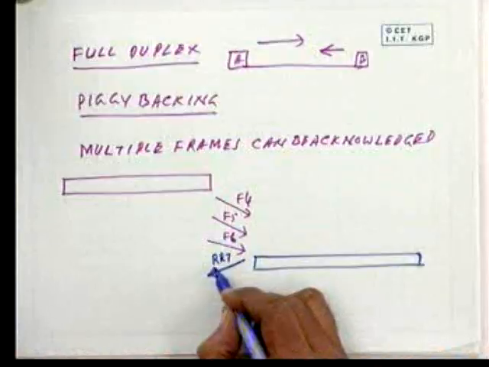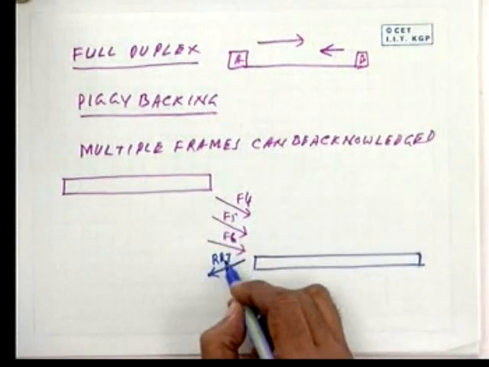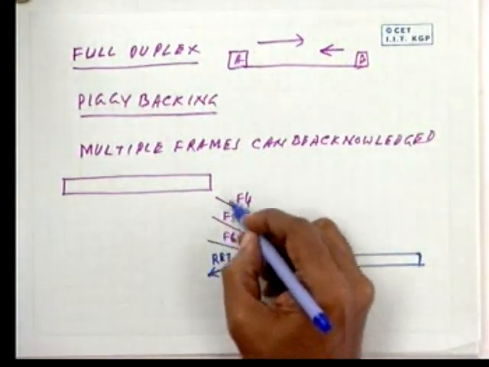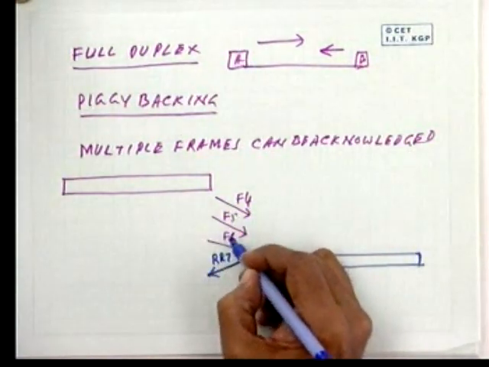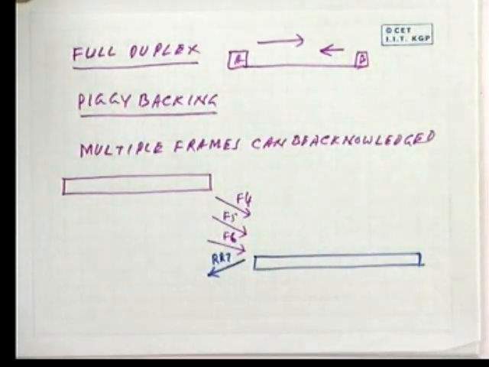So it acknowledges up to frame number 6, and it is now ready to receive frame number 7. This is how 3 frames have been acknowledged by sending a single acknowledgement frame, and that can be done by piggybacking. Whenever you are sending data, the receiver has some data to send.